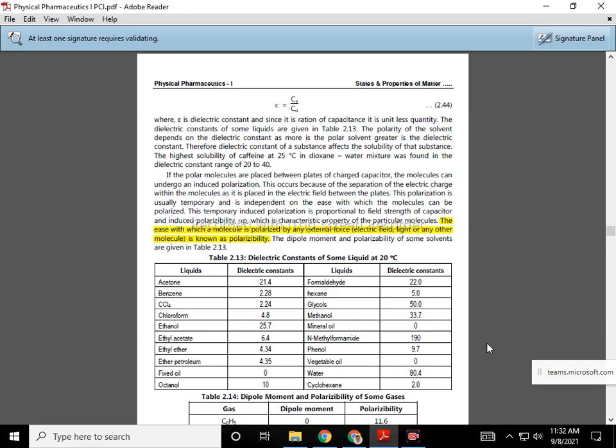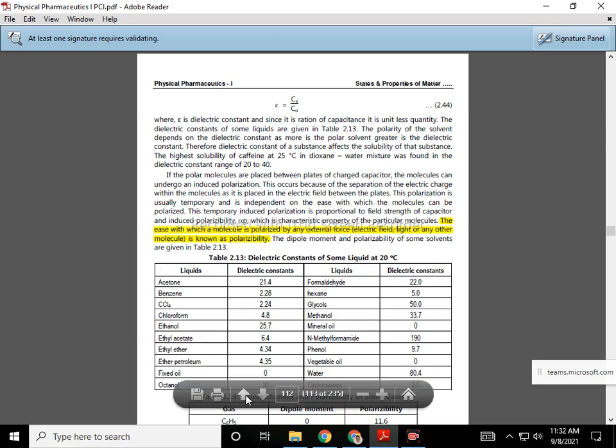Water is a permanent dipolar molecule, whereas the rest of the molecules may have permanent or instantaneous or induced polarizability. Others can be categorized in these three. So very simple. The more the dielectric constant value, the more the polarizability, the more the solubilization capability. Got it? So this is the main concern that we got. Now we got the dielectric constant in total.